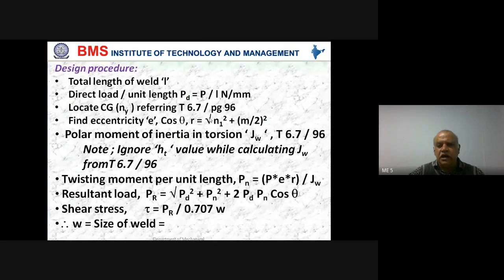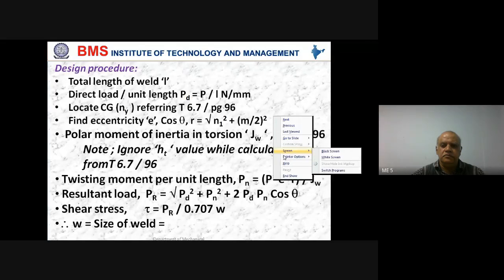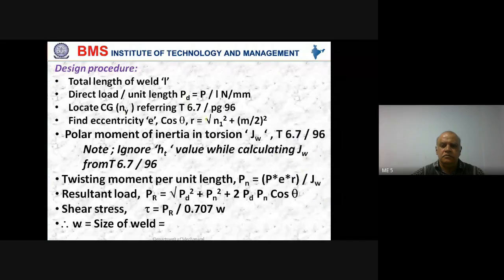It's only a representative equation that I have given over here. This is only for compound fillet weld. So if the type of weld changes, then this value will change. So don't use this value.